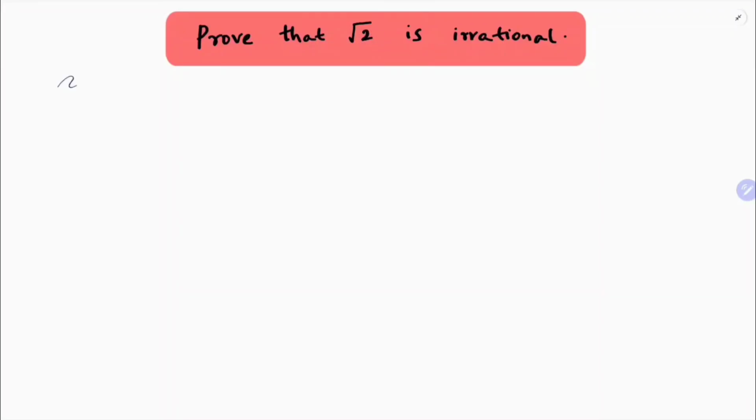So first, let us assume root 2 is a rational number.